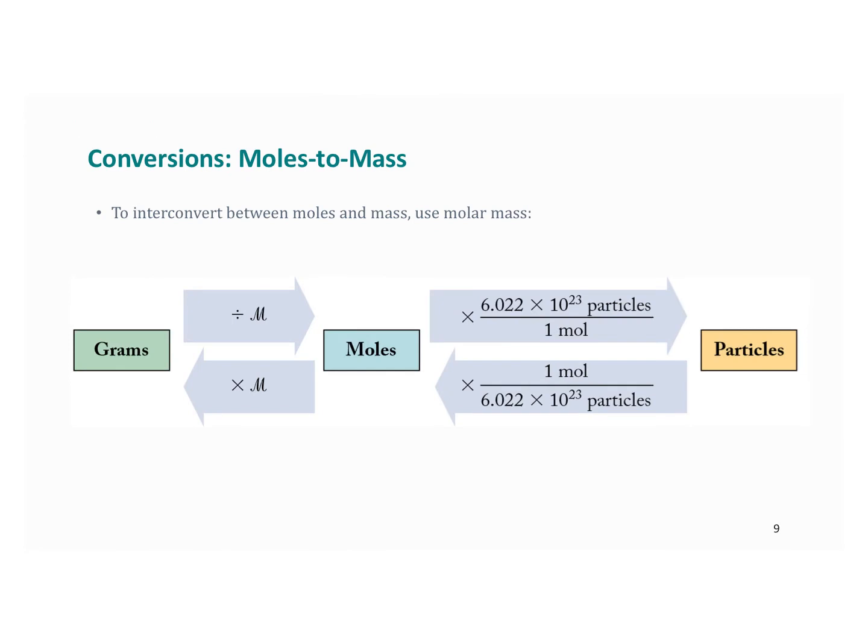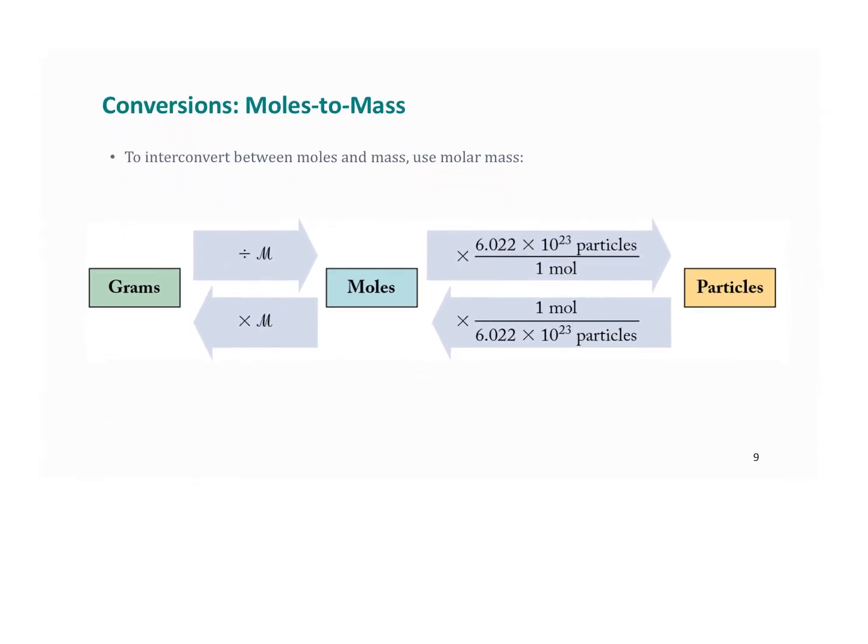Now, as you can imagine, we can use the molar mass, which is shown here with this little cursive M, to convert from grams to moles, or moles to grams.